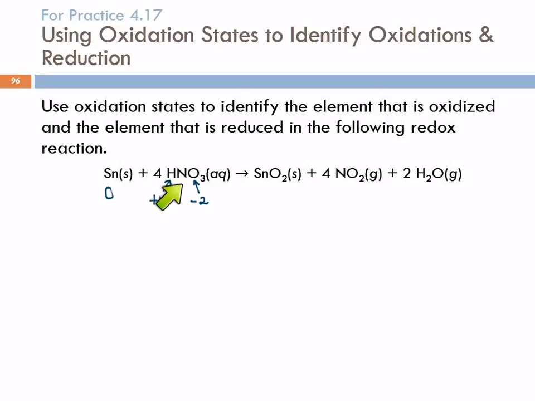So what does the nitrogen end up being? +1. No, neither of those. Let's look at this. So we've got +1 from the hydrogen, and let's just call the nitrogen's oxidation state X for now. And then we've got 3 oxygens, and they're each -2, and all of those have to add up to 0.